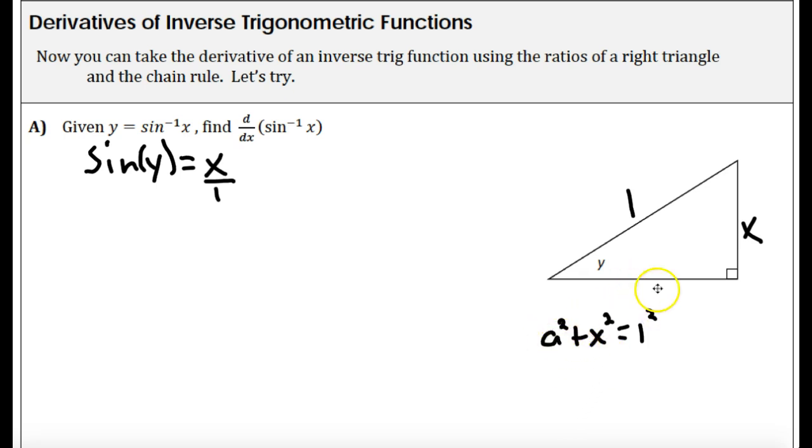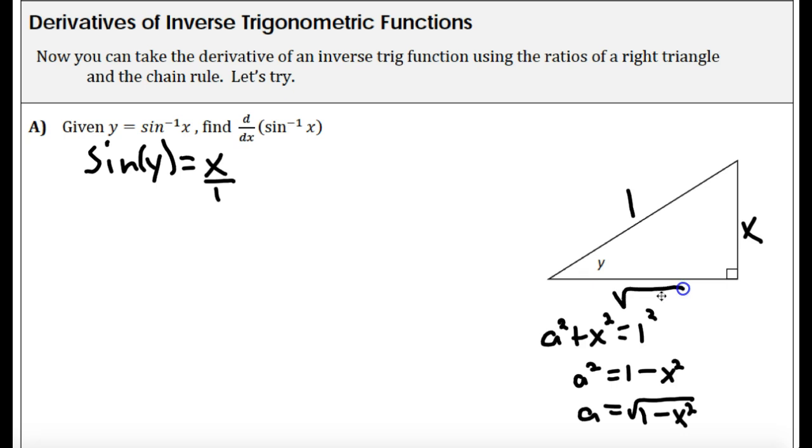My goal is to solve for a here, this missing side, so I can subtract that x squared over and get a squared equals 1 minus x squared. Take the square root of both sides, and a equals the square root of 1 minus x squared. So that's what we're going to say this side is equal to.